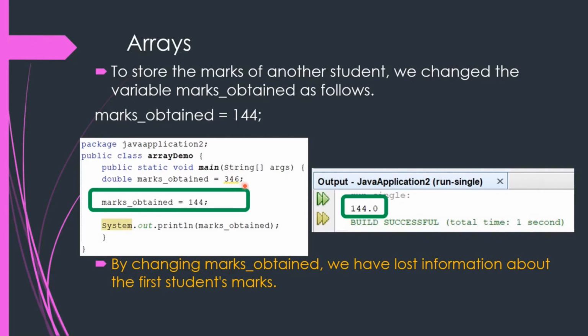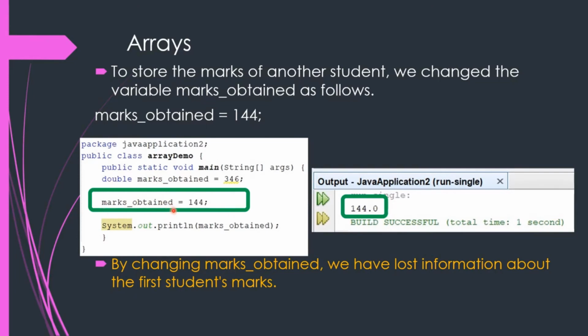The reason behind this is that we have used a variable here. We have not declared an array. And as I have told you, we use a variable as a placeholder for only a single value. So here only one single value will be displayed, because marks obtained is a variable and not an array.